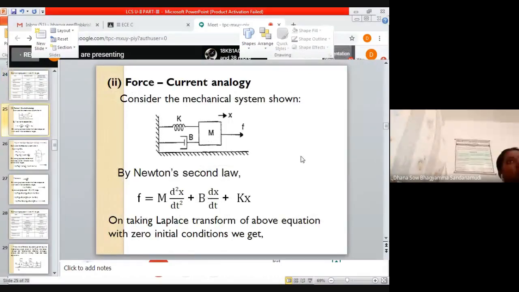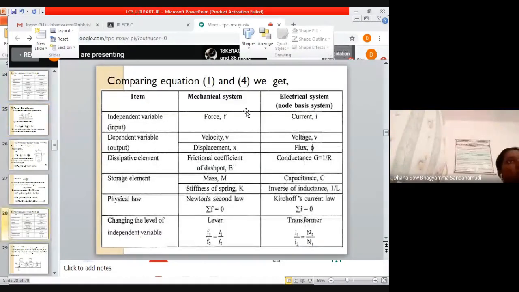Similarly, let us go for Kirchhoff's current law. Compare Kirchhoff's current law with this mechanical system: force balance equation terms and Kirchhoff's current law equation terms.